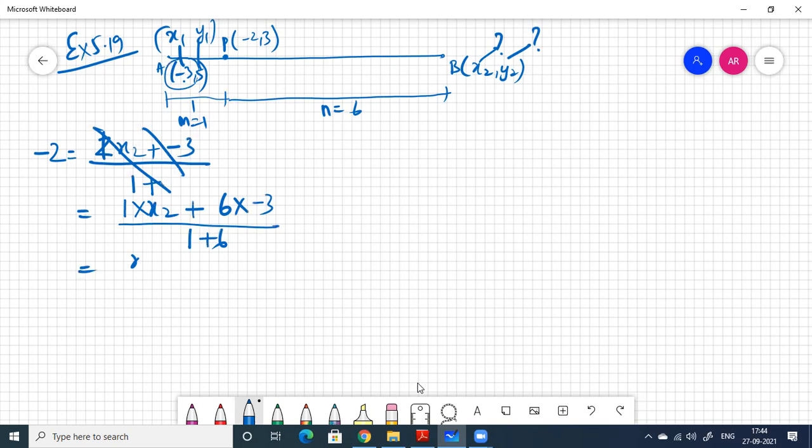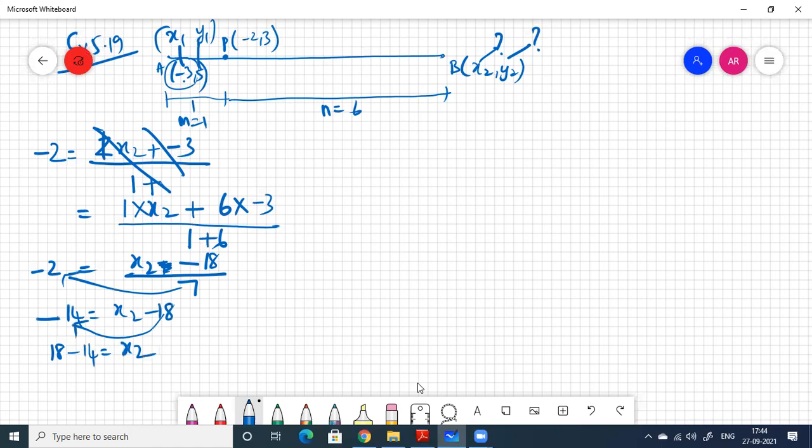So that is x2 minus 18 divided by 7, equal to minus 2. Take this 7 to the other side: minus 14 is equal to x2 minus 18. Take this 18 to the other side: 18 minus 14 is equal to x2. Correct? What is x2 then? 4.